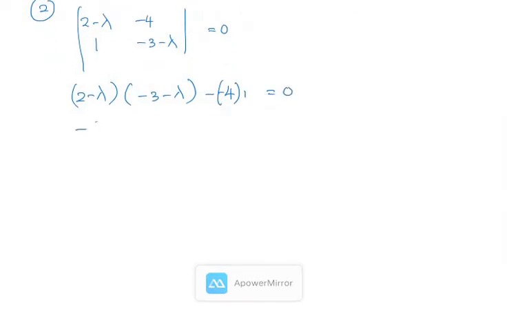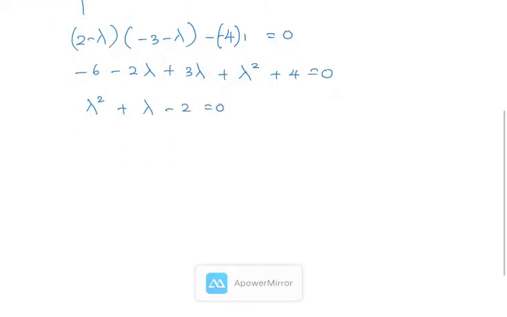So you get negative 6 minus 2 lambda plus 3 lambda plus lambda squared plus 4 equal to 0. When you simplify, you get lambda squared plus lambda minus 2 equal to 0. And then factorize it, you get lambda minus 1, lambda plus 2.